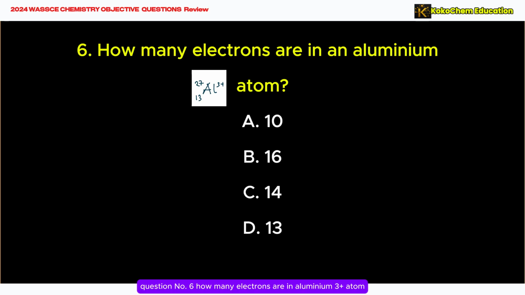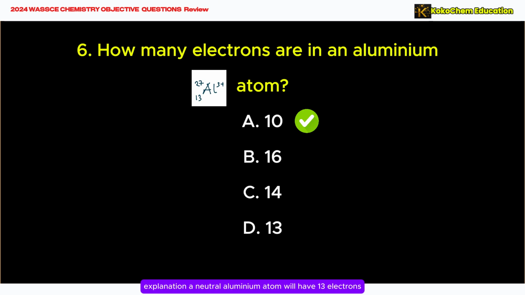Question number 6. How many electrons are in aluminium 3+ atom? A. 10. B. 16. C. 14. D. 13. The correct answer is A. Explanation.